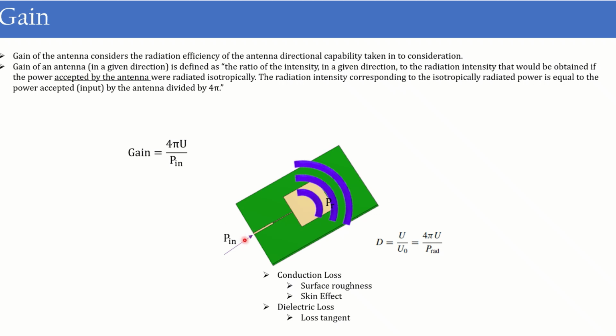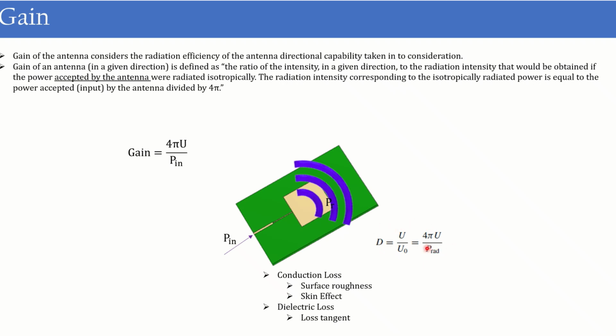If P in is the accepted power, we know that due to the conduction and dielectric losses inside the antenna, the radiated power will be less than P in. In the directivity, we are not taking into consideration any losses.